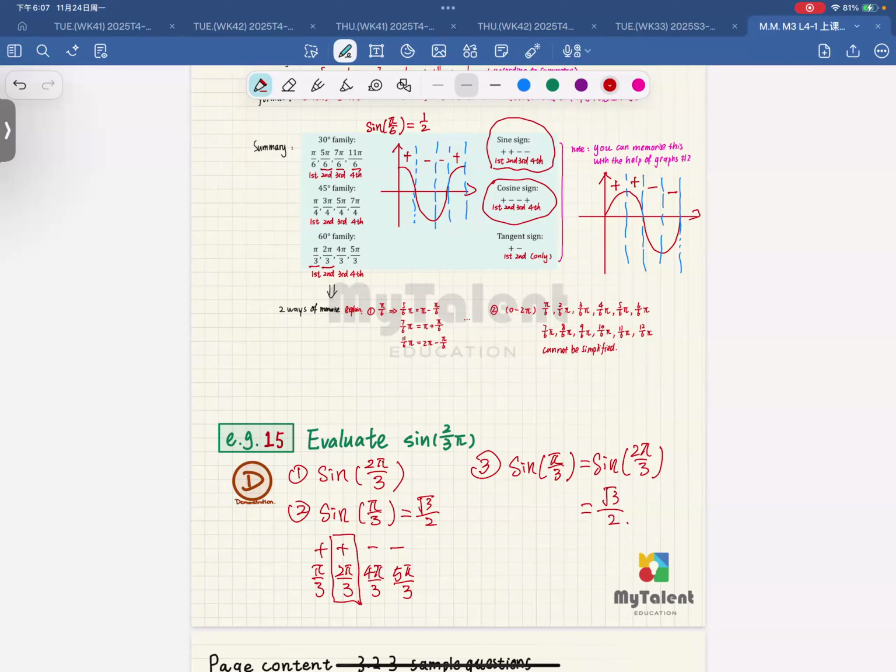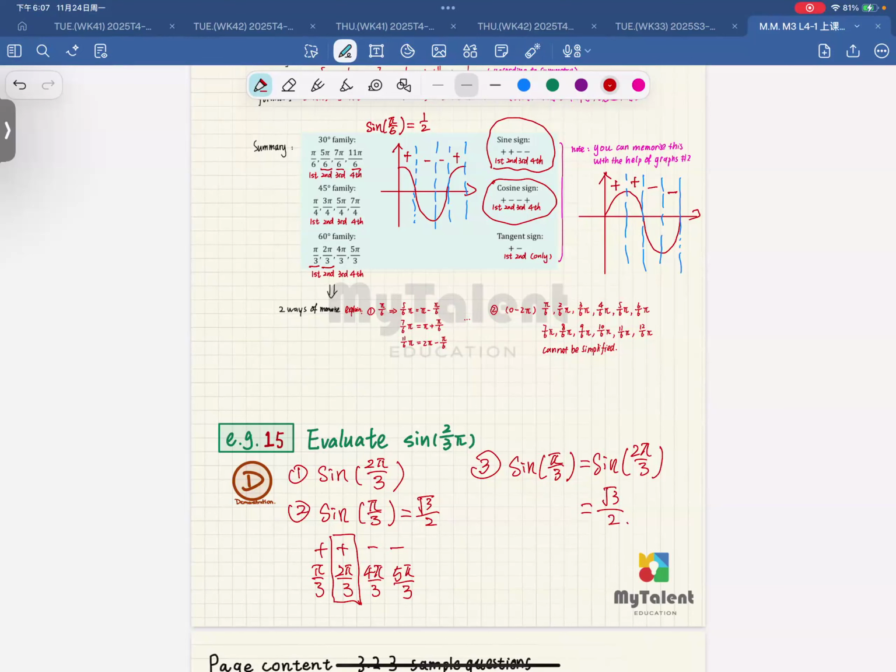It's positive because the sine graph is like that. Like the unit circle, it starts at 0 and ends at 180. So that's why it's positive.